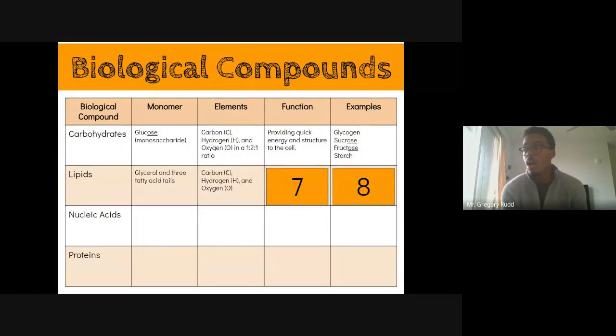So they're a long-term source of energy. Good job. So whereas carbs provide quick energy that you want to burn right away, lipids store that energy to be used over a longer period of time. And they also make up the cellular membrane. We'll talk about cell membranes and cell walls in Unit 2, but for now, you definitely want to know carbs are quick energy, lipids are long-term energy.